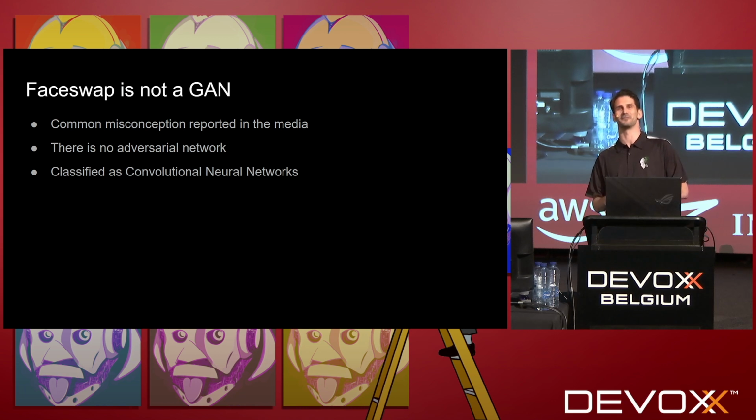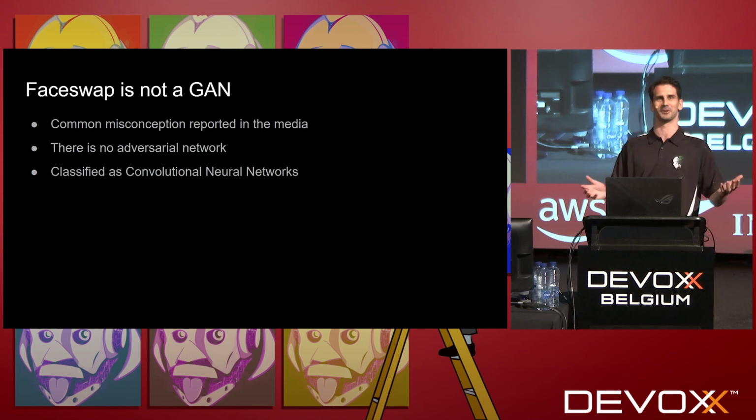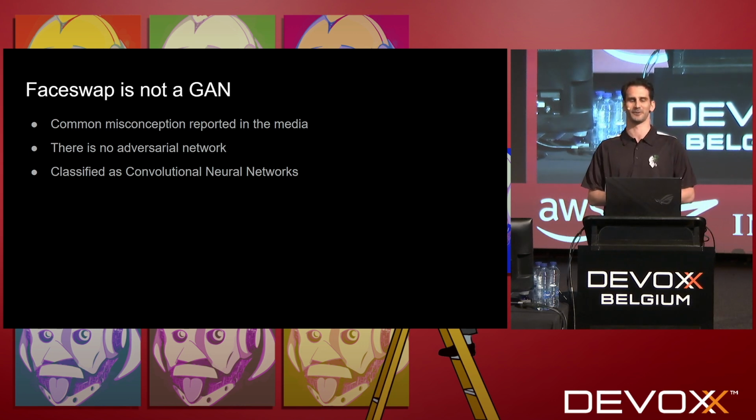It's a funny thing in the media. Almost any time we see something reported by reporters or in the newspaper, face swaps and deepfakes in general are always described as GANs, which are generative adversarial networks. I just wanted to say flatly and succinctly, we are not a GAN. We are a convolutional neural network.